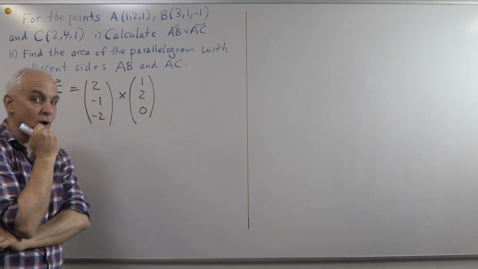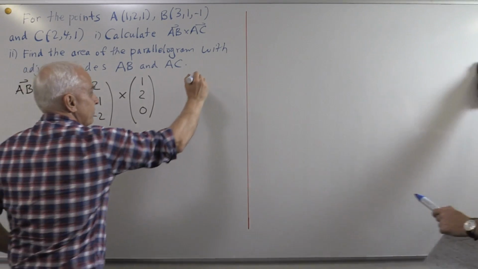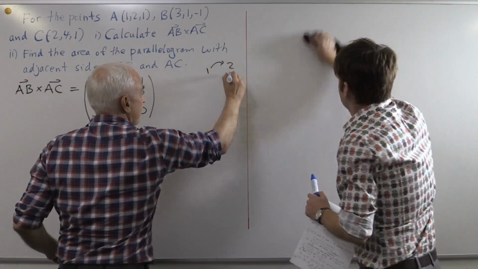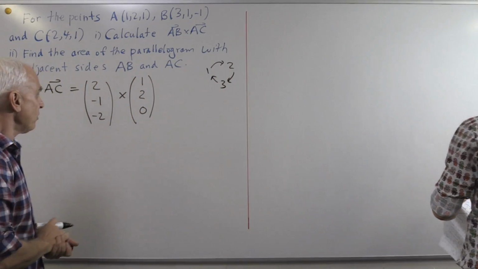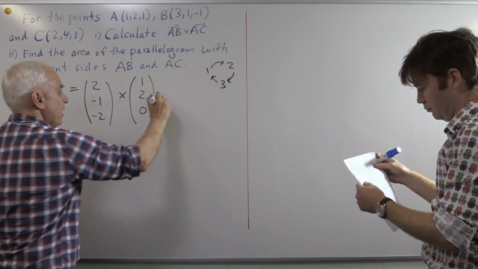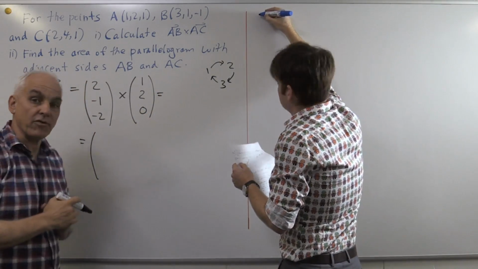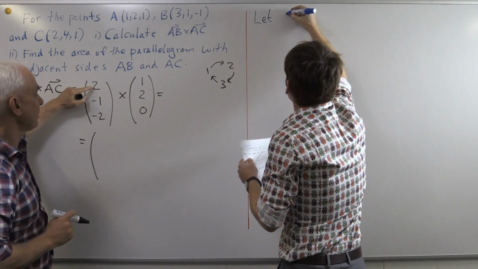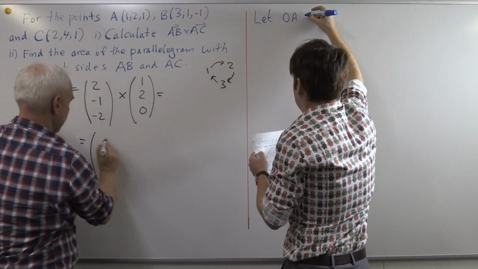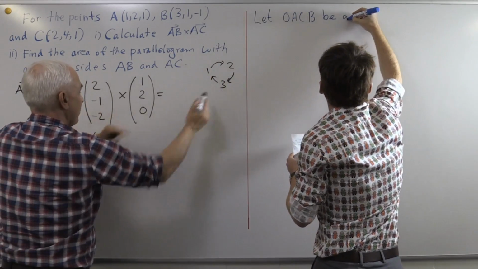Okay, so now we have to know how to do a cross product. And for that it's useful to remember this kind of mnemonic that the indices here are kind of rotating 1, 2, 3. So the way we calculate this cross product is the first entry of the cross product is obtained by taking the second entry here times the third entry here.